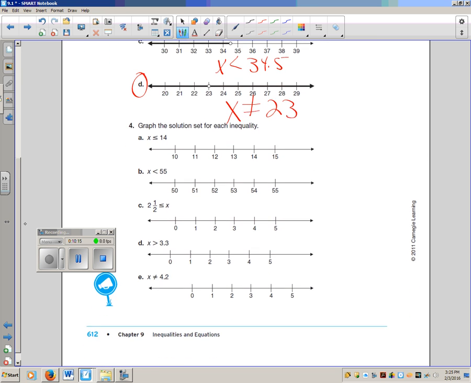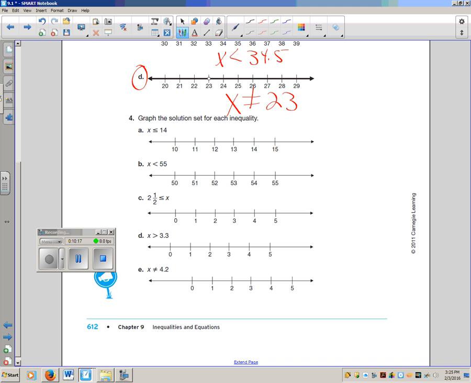All right, now we're going to graph on the bottom. A, x is less than or equal to 14. Close your circle. It's less than, so we're going left. In your book, if you need to put your line above the number line, that's fine. B, x is less than 55.